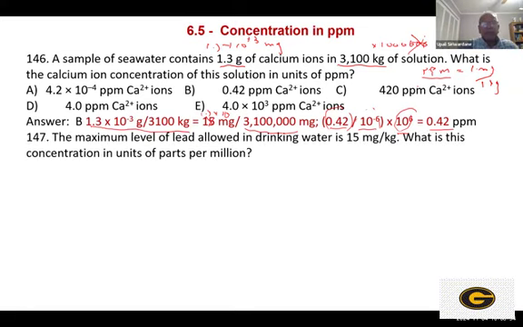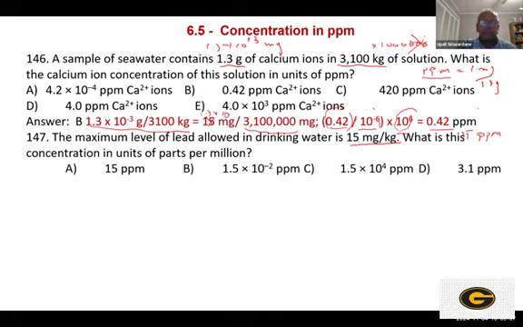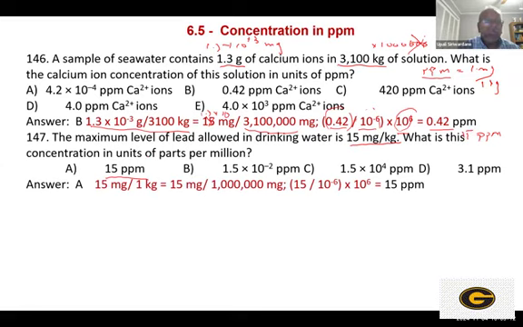The maximum level of lead allowed in drinking water is this, 15 milligrams. Do you see, 1 milligram per 1 kilogram is 1 ppm? This is 15 parts per million. Therefore, the answer should be 15. That's how you calculate it.